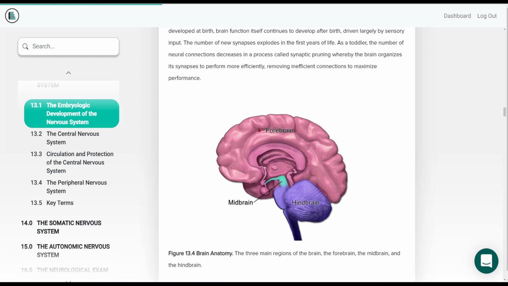And let's just take a look. The pink region, the area that you think of as being the brain, you could call the forebrain. The midbrain is a very small connector piece, and then the hindbrain is going to be the cerebellum and the pons and medulla oblongata.